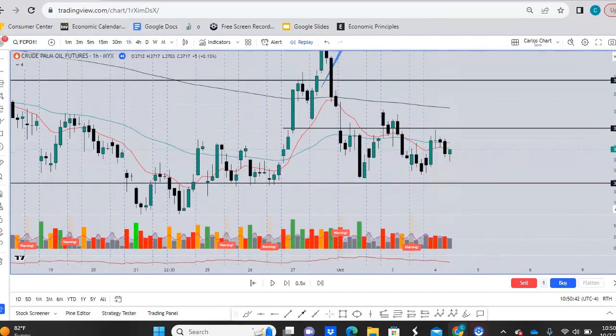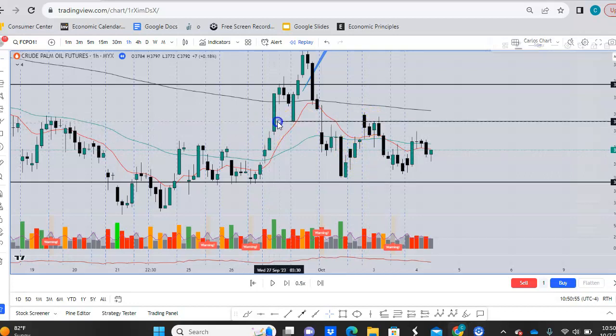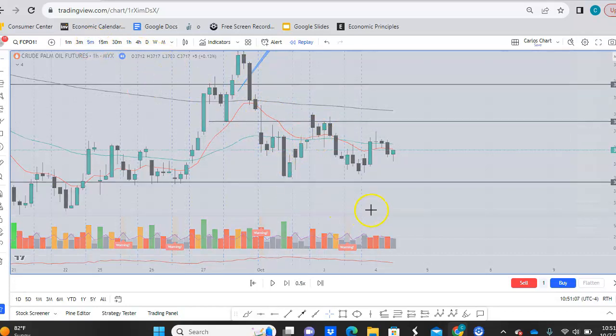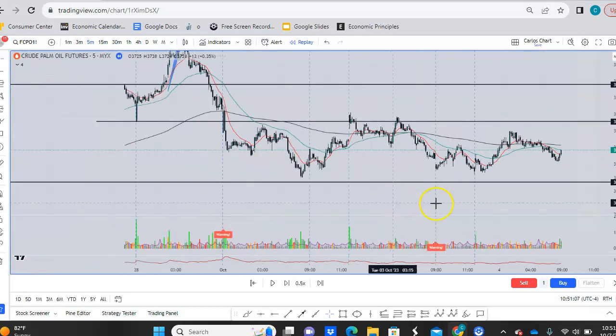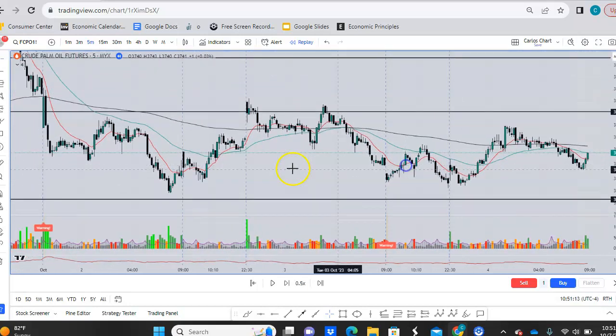On the 1 hour, we do have this buyer come in here to this area, and you have this seller trying to sell. So you have both buyers and sellers at this area. Let's go down to the details. Now this is where we look at the details.